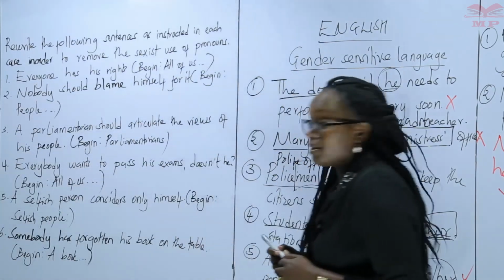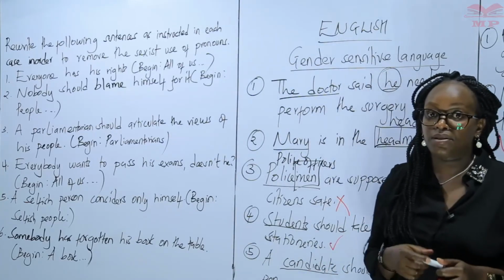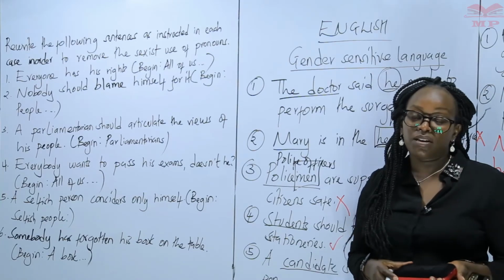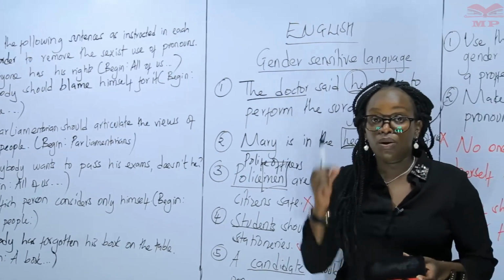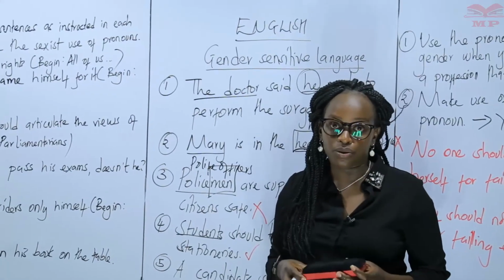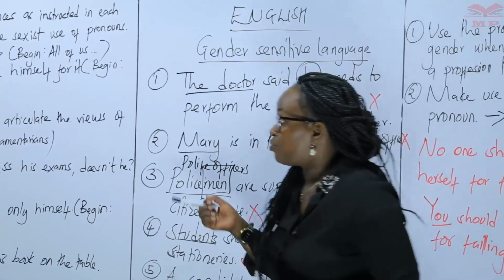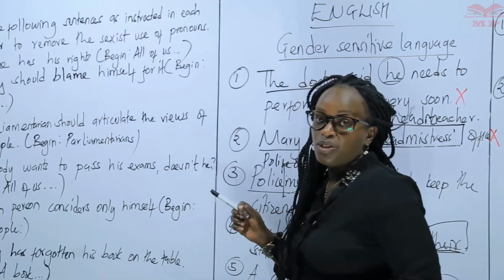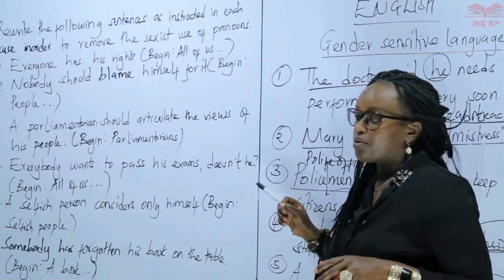That's the assignment. You should make sure that you attempt it, as it is only through doing the assignment that you will be able to know whether you have understood what I've taught or not. I'm just going to read the instructions and the sentences for you, so that you make sure what you have written is the correct thing.